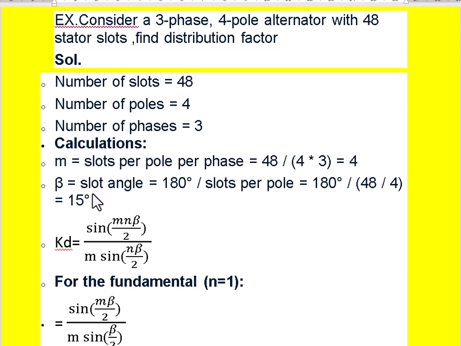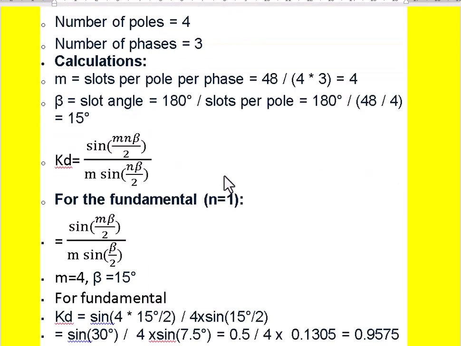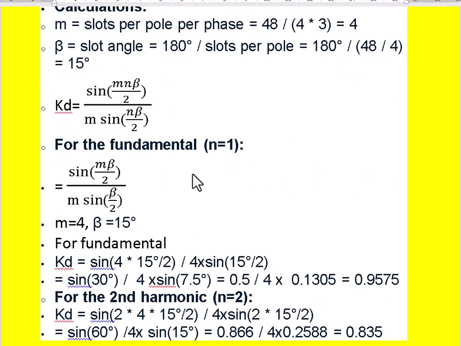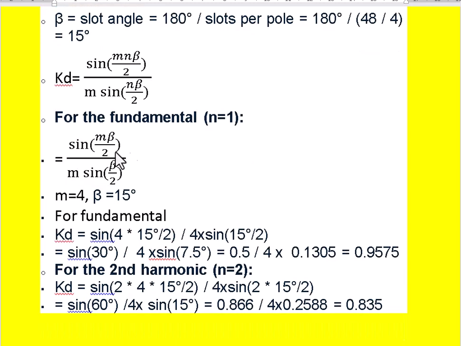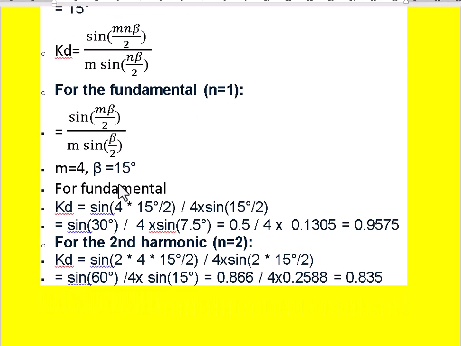So for calculating the distribution factor, we need m and beta, which we have obtained, so we can apply it here, assuming that the alternator does not have any harmonics, that is, only the fundamental is present. In that case n is equal to 1. Then the formula becomes sin m beta by 2 divided by m into sin beta by 2.